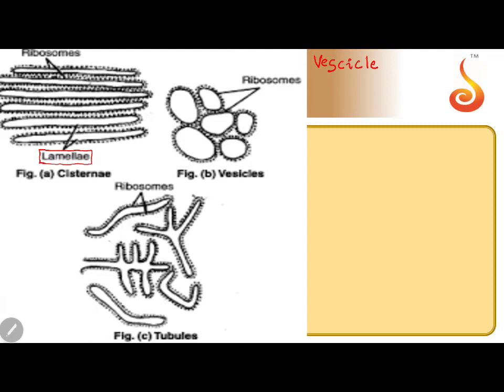A vesicle is a membrane bound sac. A vesicle has a membrane, and this is a closed structure. Point 1 and point 2, they always pack fluid within them. Fluid can be water, or something in a solution.